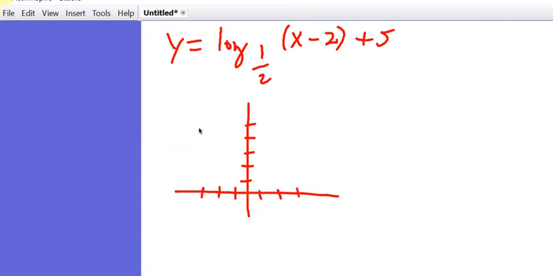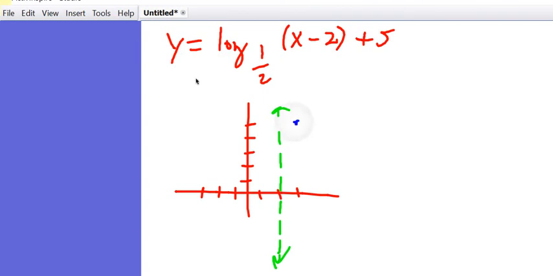All right, now my asymptote is which direction? Left or right? Right 2. Okay. My shift point would normally be 1 unit to the right. But I've got this plus 5 here, so what does that tell me to do? Go up 5. Right 1, up 5.